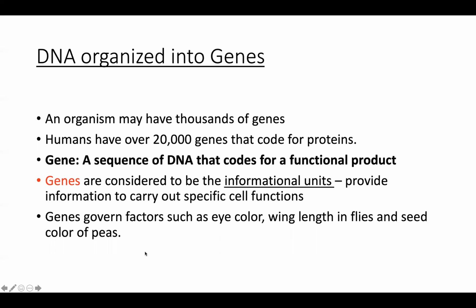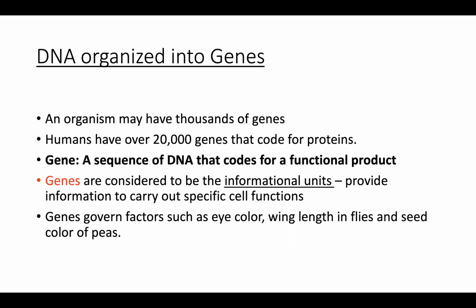Our genes govern specific factors, such as our eye color. For the fly, the winglet of a fly is determined by its genes. The seed color of a plant. Our genes govern many of the physical features about an individual.